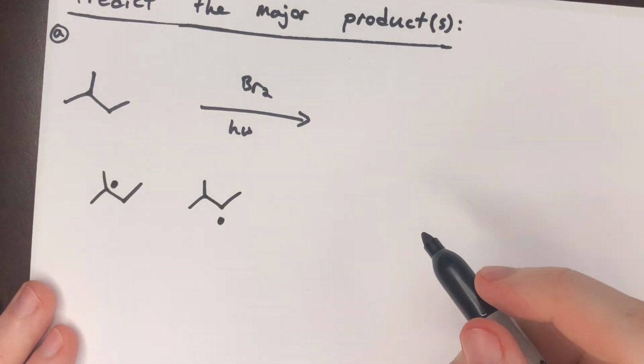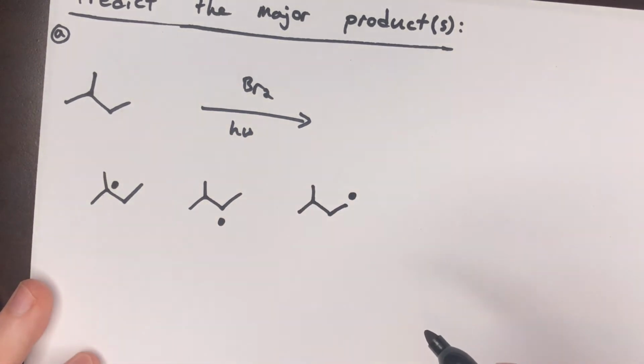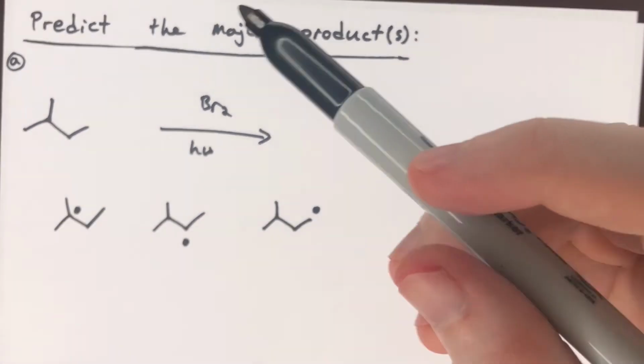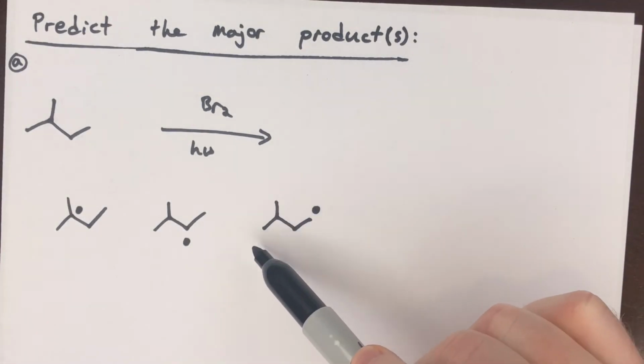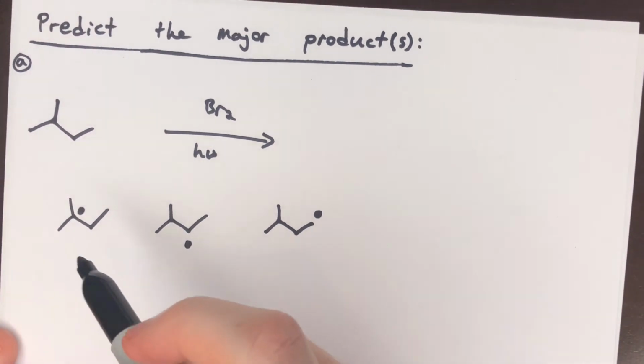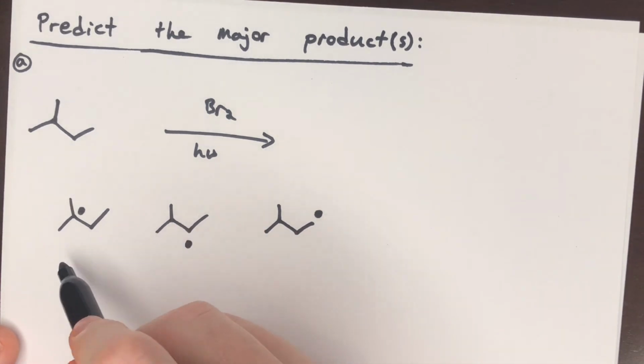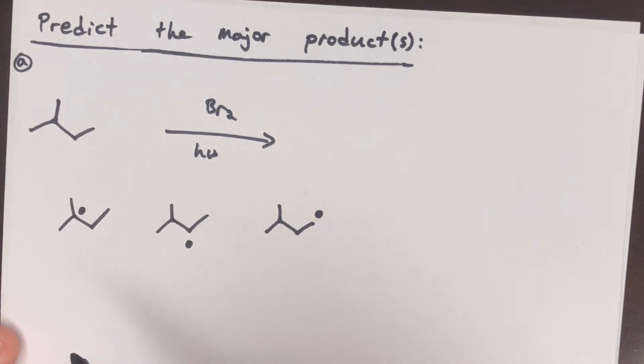Here is a secondary radical. Here's a primary radical. Now, notice the radical could form at these methyl groups, and that would be a primary radical as well, but that's going to be about the same stability as this one. So I'm not going to redraw them just to avoid clutter, but these are representative of the three types of radicals that could form in this reaction.